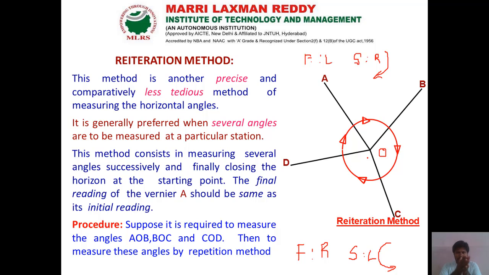First focus on point A and bisect it accurately from point O, so that the vernier scale reading at A is 0 degrees, 0 minutes, 00 seconds.